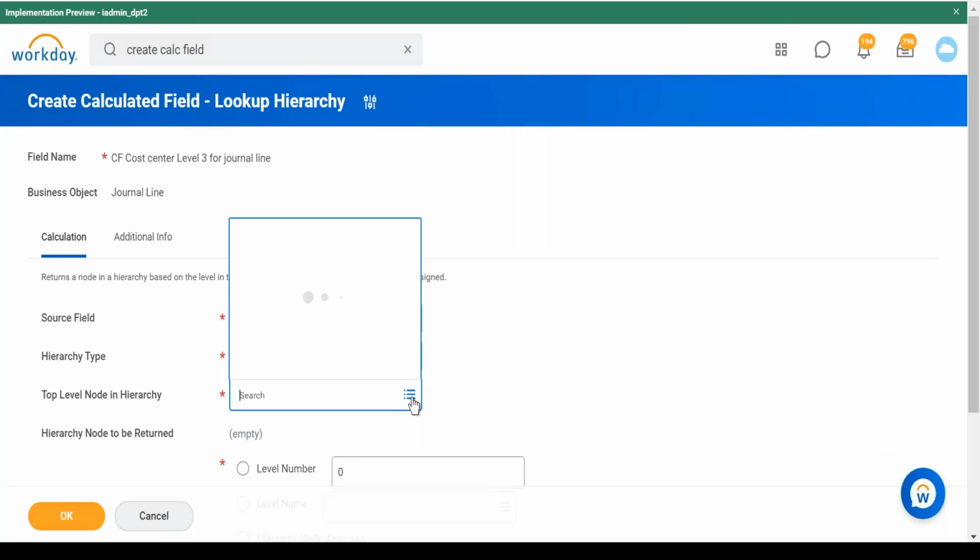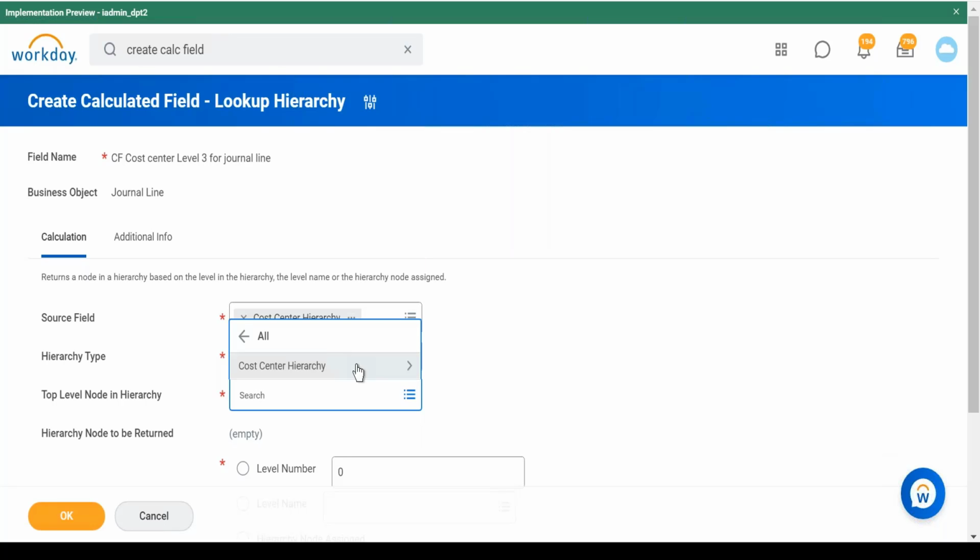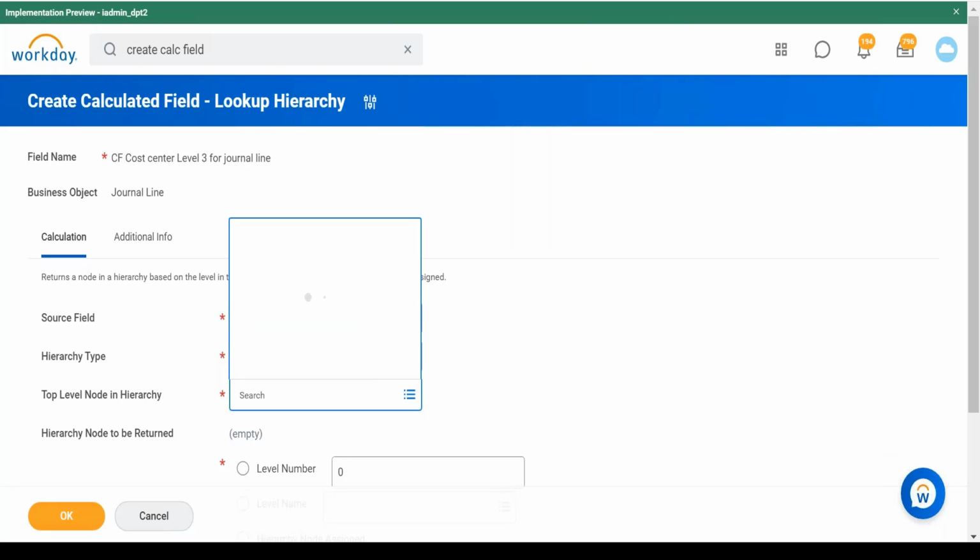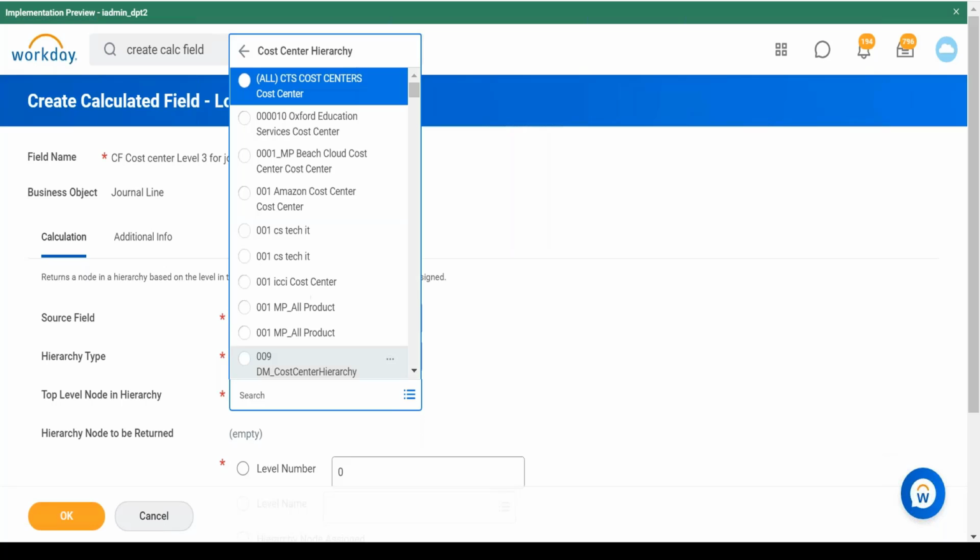I forgot, it's not the same. For example, in the source field, we are using cost center hierarchy too, right? No. I'm going to look for level three of the cost center hierarchy. I'm not using the cost center hierarchy field and using this function. I'm going to dig deeper and look for what is the level three of the cost center hierarchy.